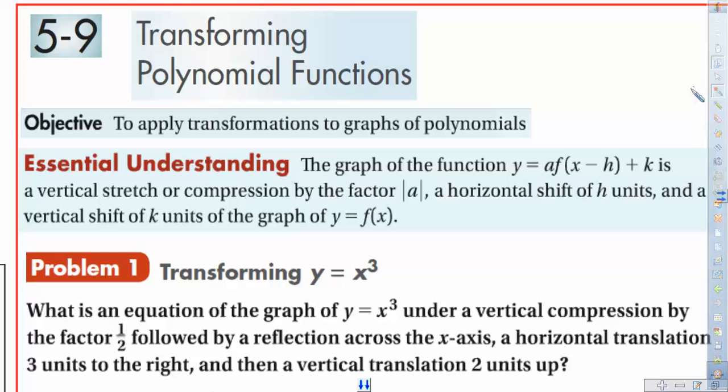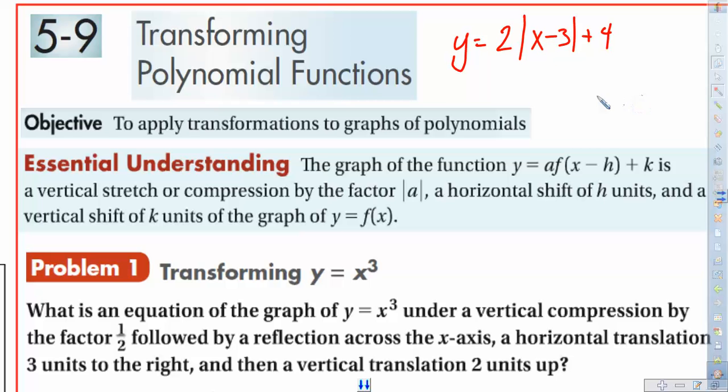One other thing you'll notice about 5-9 is that a lot of what we're doing here is extremely familiar. Why? Because we've been doing this since month 1 or 2 of Algebra 2. It was your introduction to parent functions, when we had to work with something that looked like 2 times the absolute value of x minus 3, plus 4.